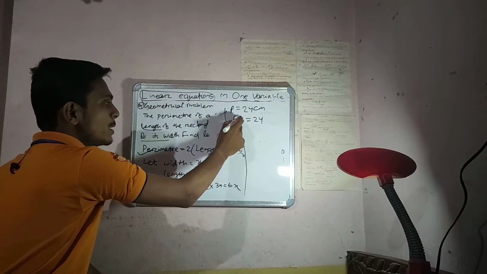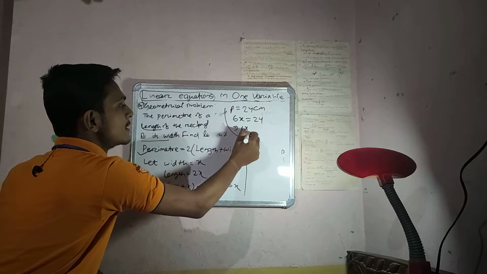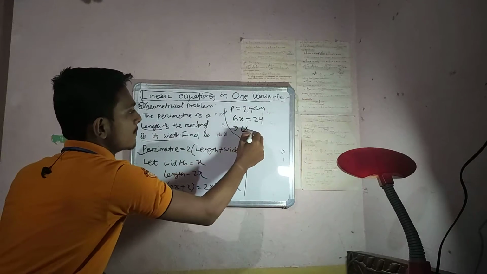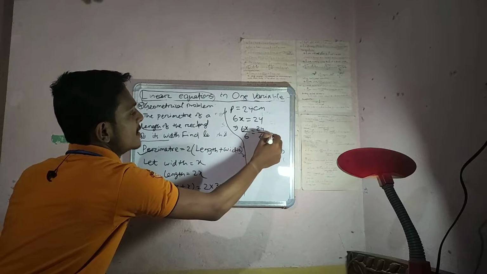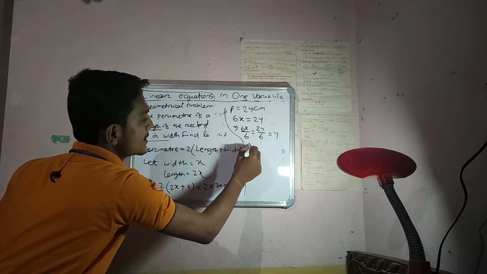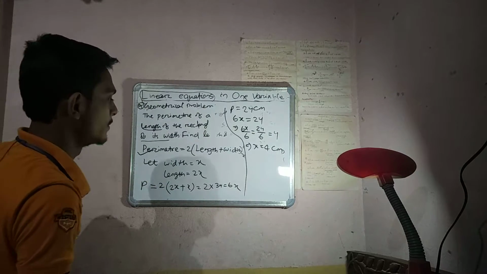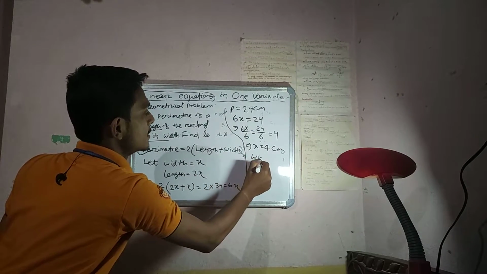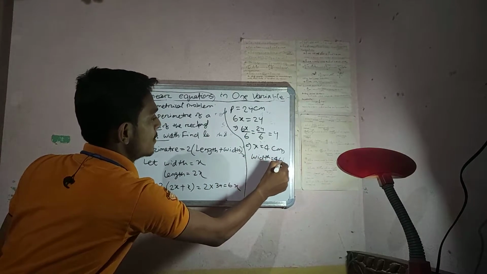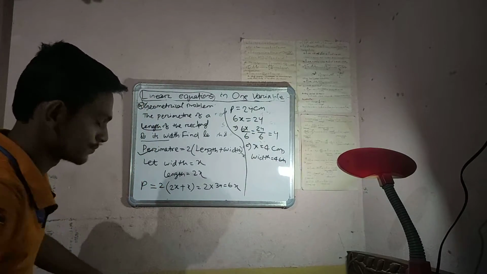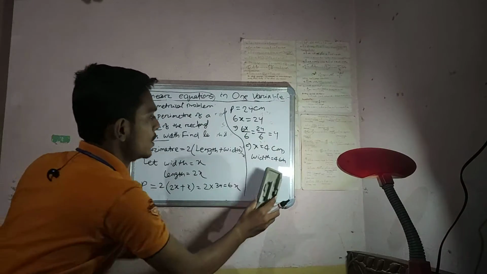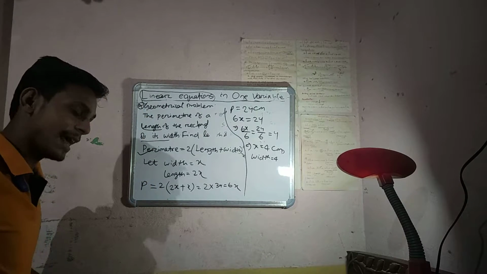So to remove the 6 from 6x, divide by 6 on both sides, that is 24 by 6, that is 4. That is x equal to 4 centimeter. Means the width is 4 centimeter. But the length, what is the amount of length?